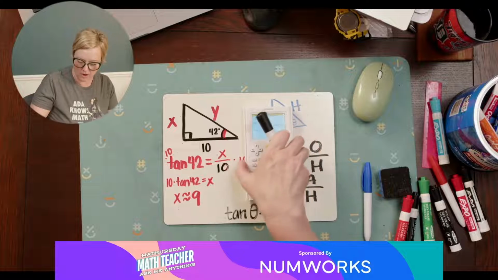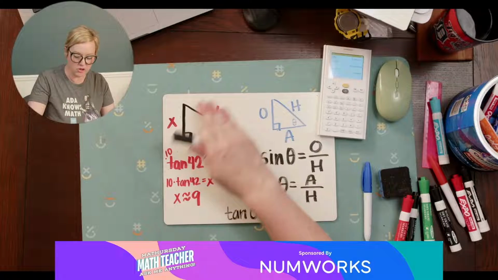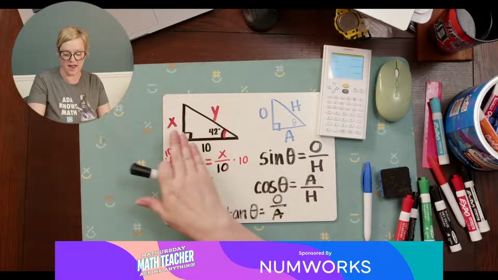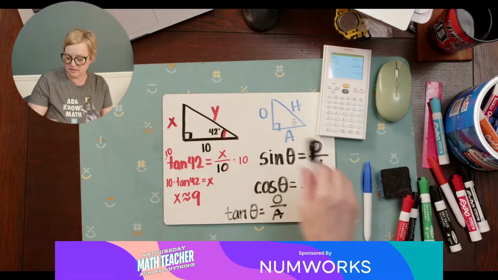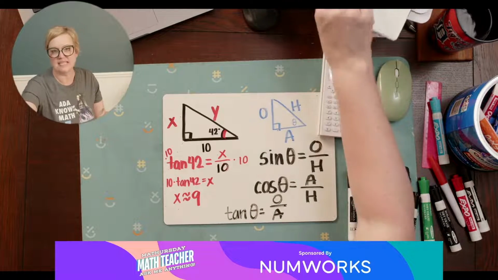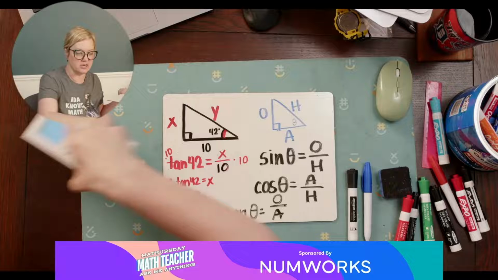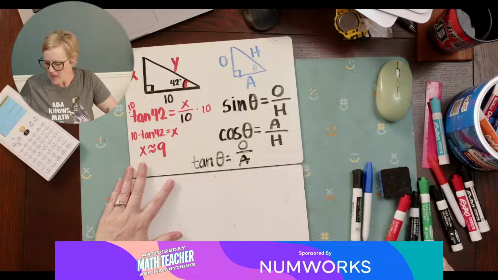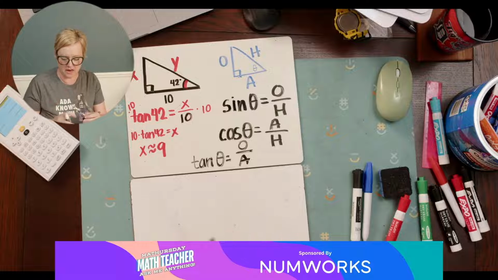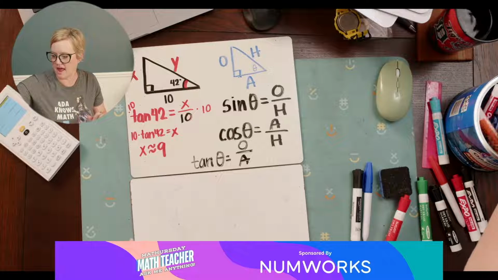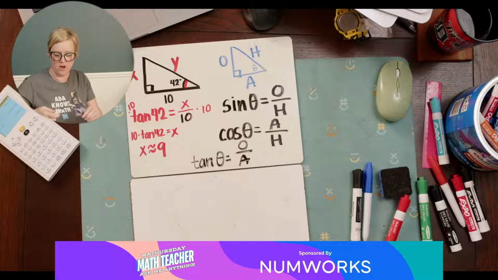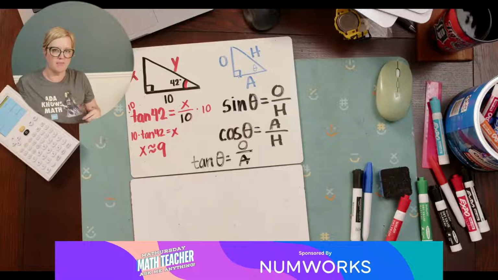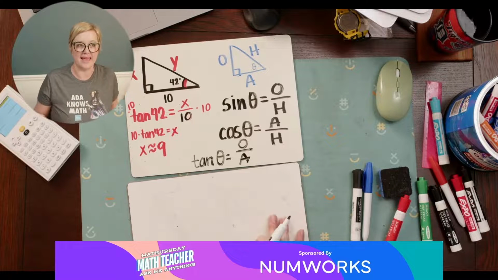Okay, all right. So this is how you would use just a trig ratio to find your opposite. But it works the same no matter which ratio you're going to use. So to find y, now I always recommend not using a rounded value. Go back to the original problem and use the length that they gave you.